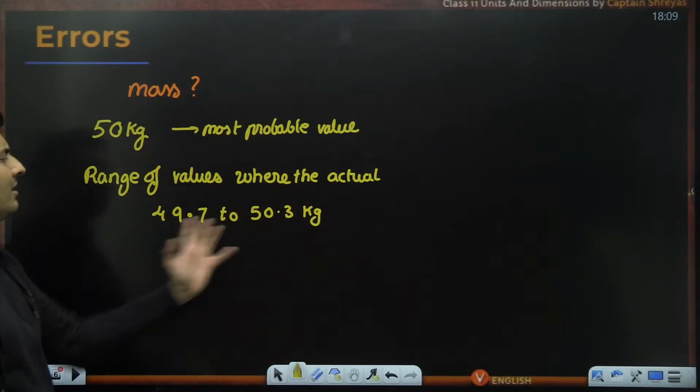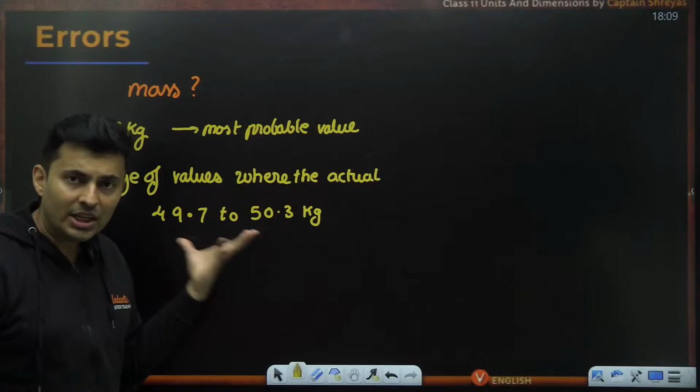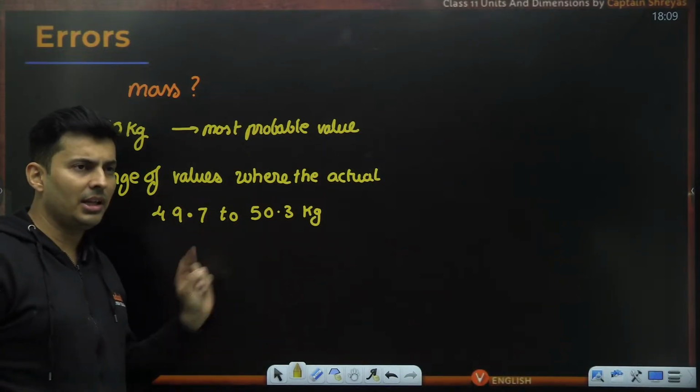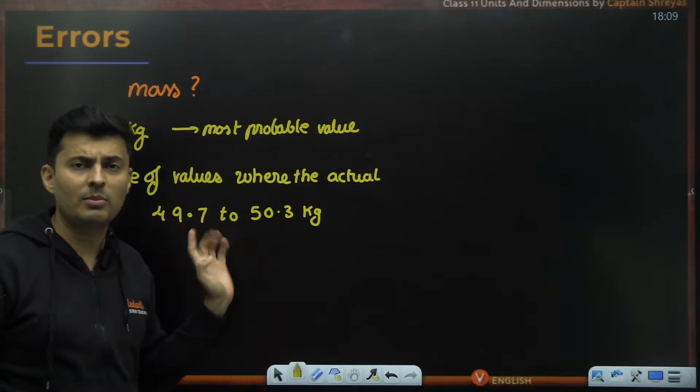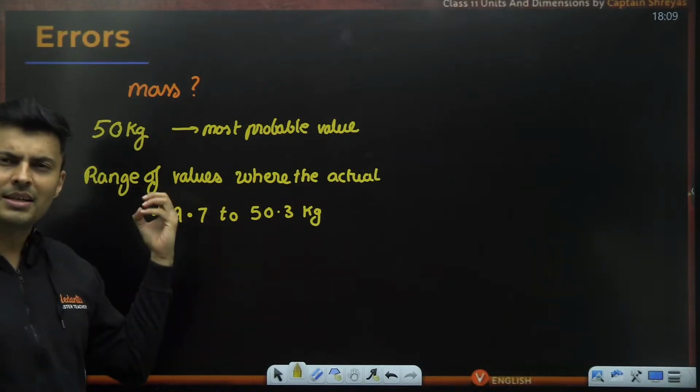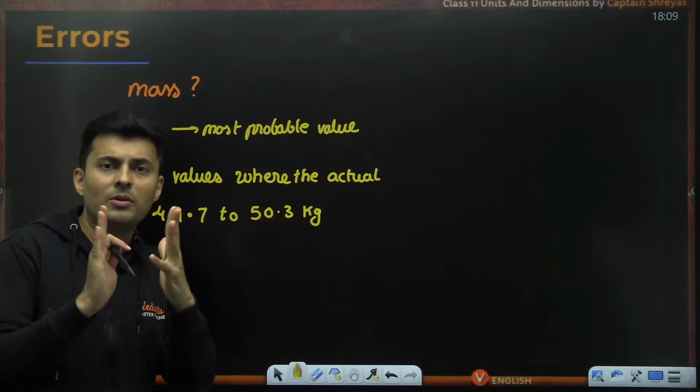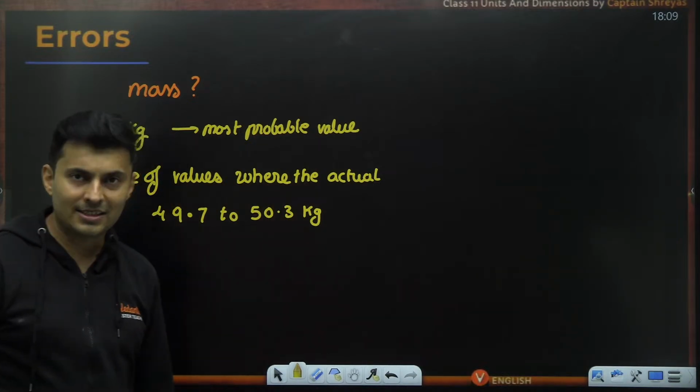So maybe somewhere in this range, I am very sure. So that surety is there, but the uncertainty is what is the exact value? Is it 49.8, 49.9, 50, 50.1? I don't know that. So always there is some kind of doubt, but you can narrow down that doubt to a certain extent.